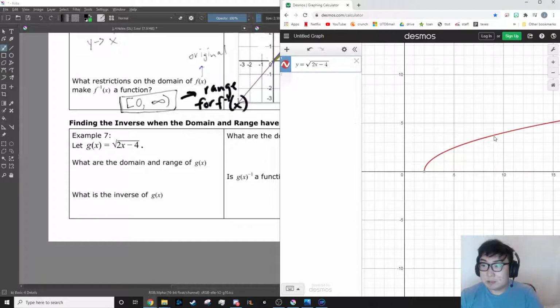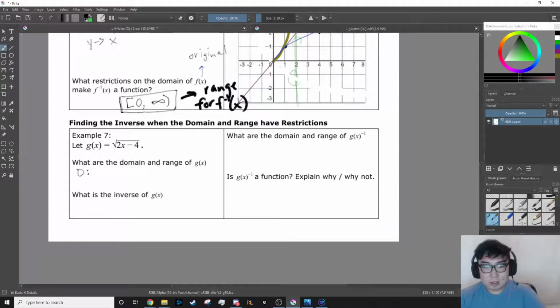So using Desmos, I can go all the way down to 0 and 2. 2 is going to be my most left, and it seems like it's going to go on forever. So my domain is going to be 2 to infinity, and my range, where is it?